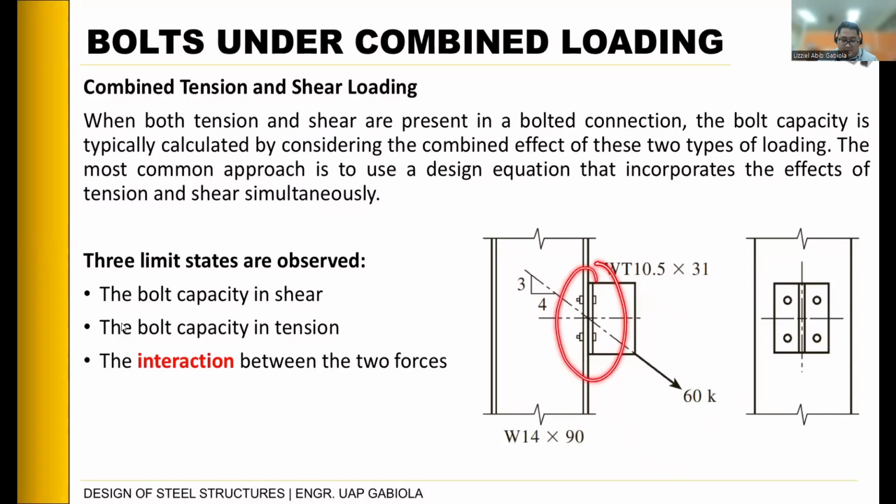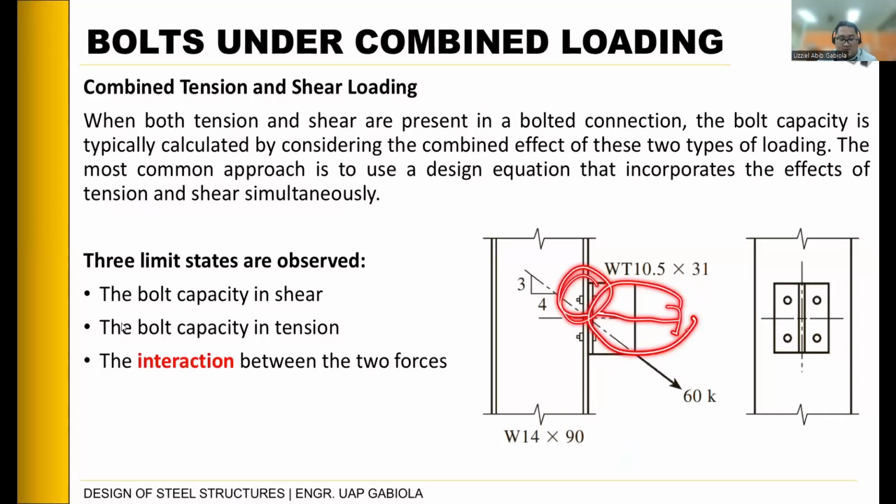Yung una, i-check natin siya doon sa bolt shear capacity niya. Okay, so ibig sabihin, kailangan natin kunin yung component nitong 60 kips based sa horizontal at vertical niya. Okay? So kung halimbawa, itong horizontal pinag-uusapan natin load, ito yung ating bolt. Ano yung horizontal?